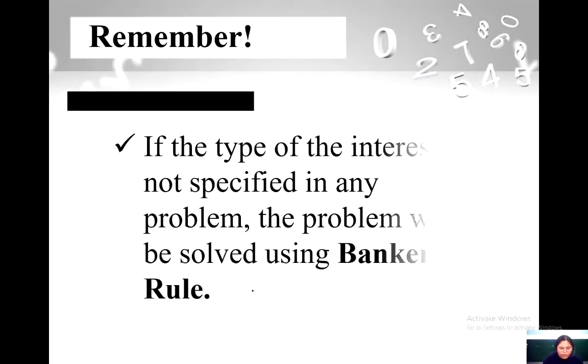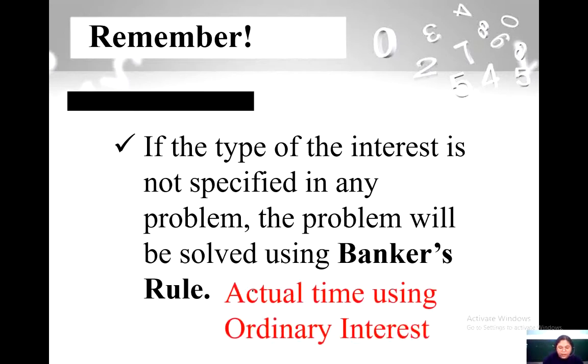Remember, if the type of interest is not specified in the problem, the problem will be solved using Banker's rule. What is Banker's rule? It is actual time using ordinary interest. Again, if the type of interest, whether ordinary or exact, is not specified in the problem, you are going to use the ordinary interest.